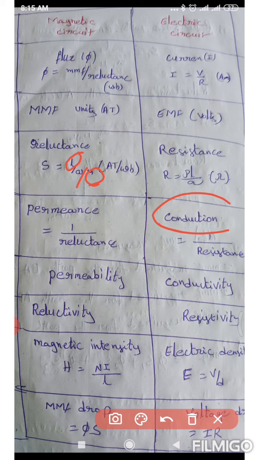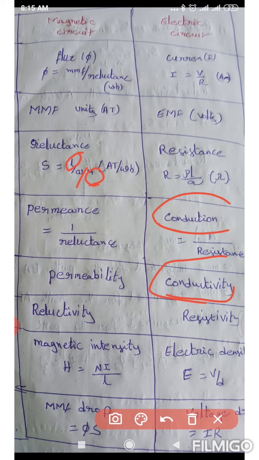Permeance is the property of the material which allows the flow of flux. Here the reluctance is the opposition, and permeance is the inverse of reluctance.